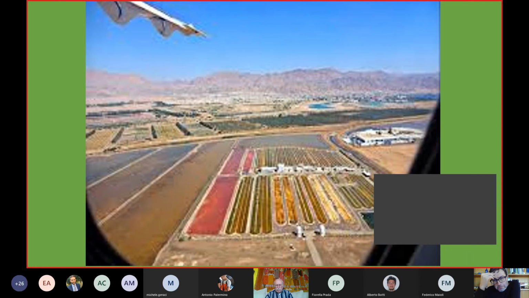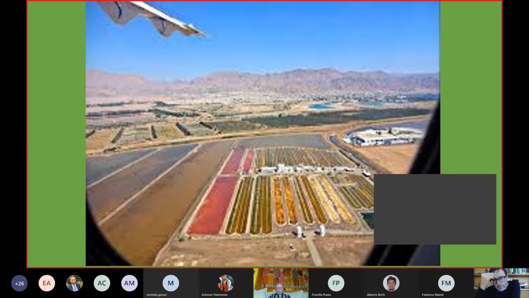And here you see the plant, again near Eilat, where they grow the Dunaliella for the beta-carotene content. First of all, on the right, they create a situation for rapid increase in the numbers, in the concentration of the algae. Then they are transferred to a nutrient-limited situation and to such exposure that they get a lot of light.